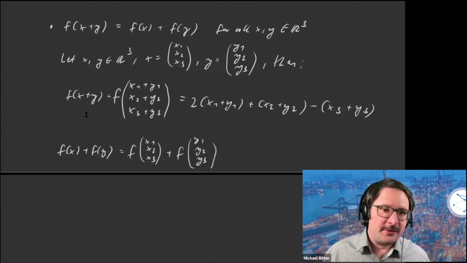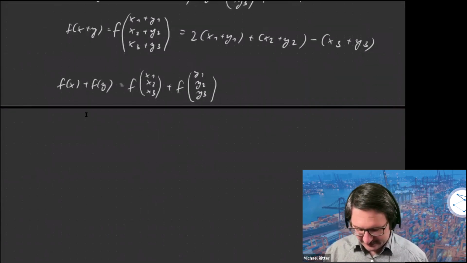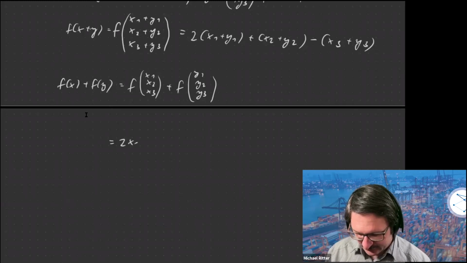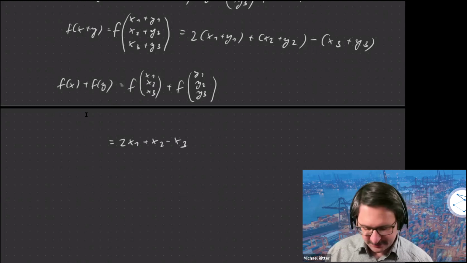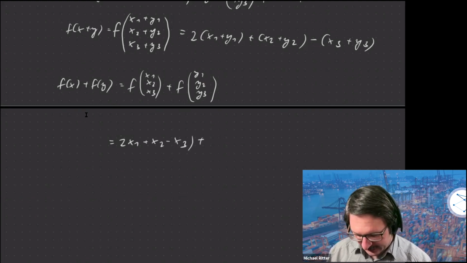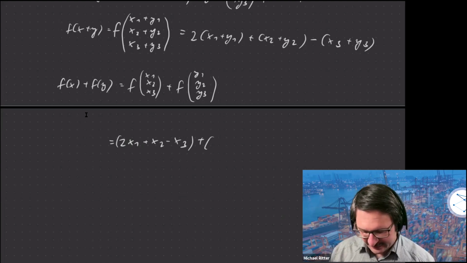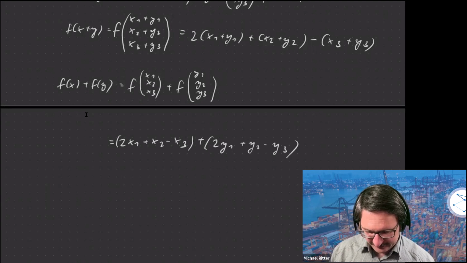And then we sum up the result. Right, so here we get f applied to x1, x2, x3. That is 2x1 plus x2 minus x3, exactly the definition, plus, and if we apply f to y1, y2, y3, that's 2y1 plus y2 minus y3, like this here.